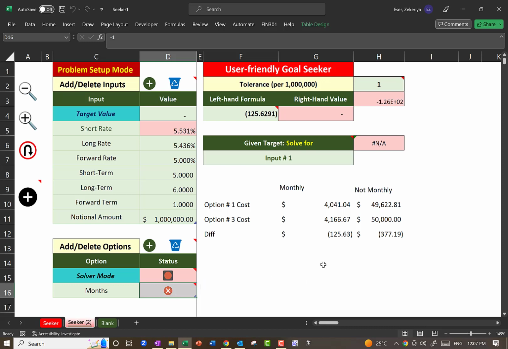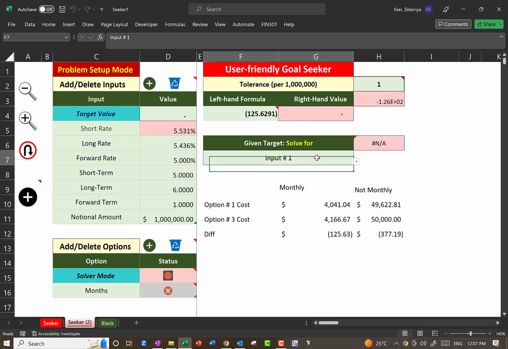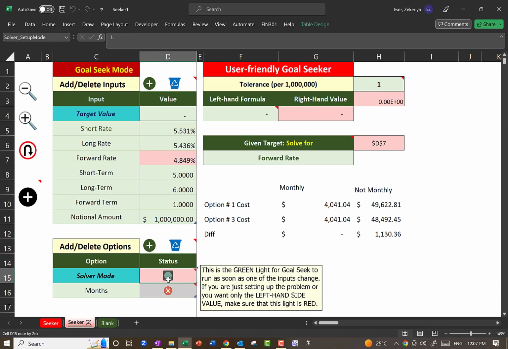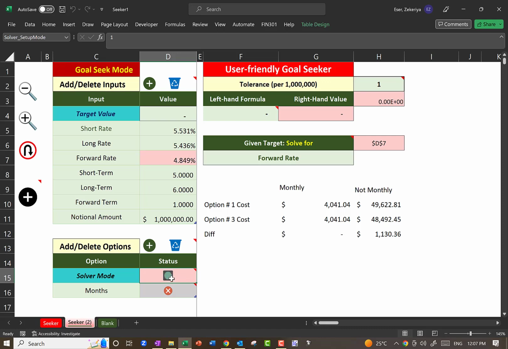So if this thing changes, our original deal was this was 12, 6, 6. Again, I could have that as a formula. I just chose not to.